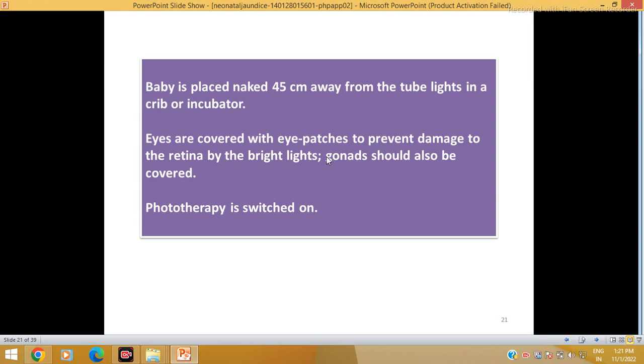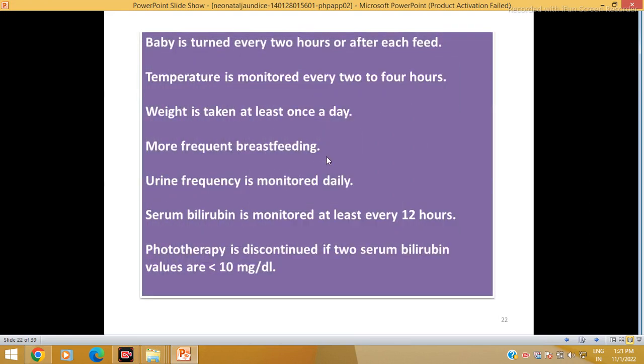Gonads should also be covered. Phototherapy is switched on. The baby is turned every 2 hours or after each feed. Temperature is monitored every 2 to 4 hours, because there are chances of hyperthermia, since we are exposing the patient's body to extreme lights, like 6 to 8 lights. So temperature monitoring is very essential in that case.